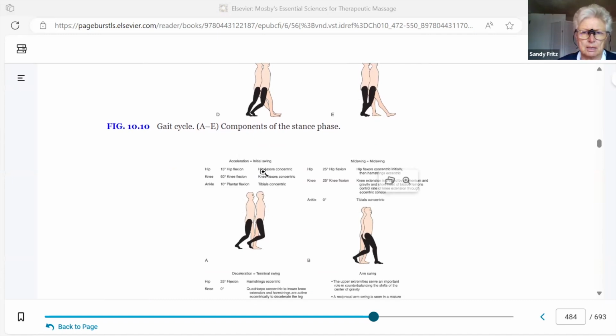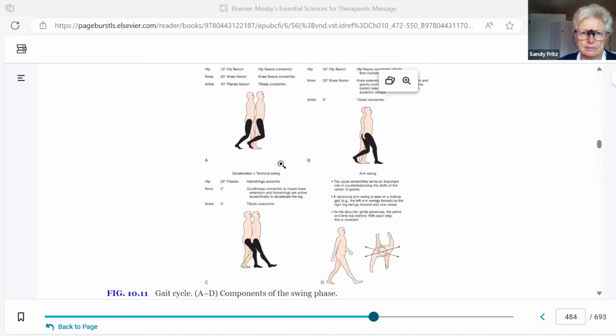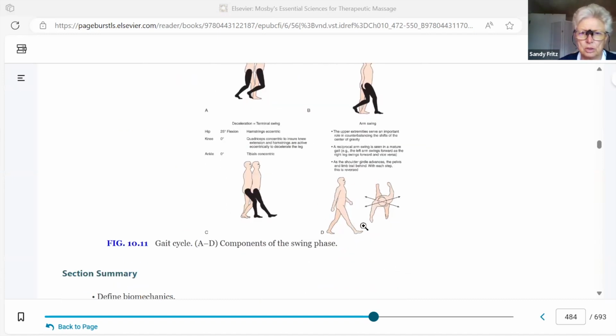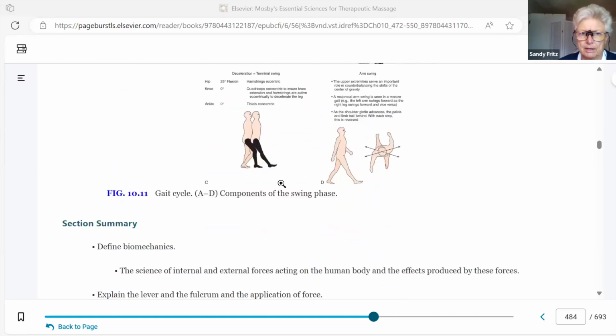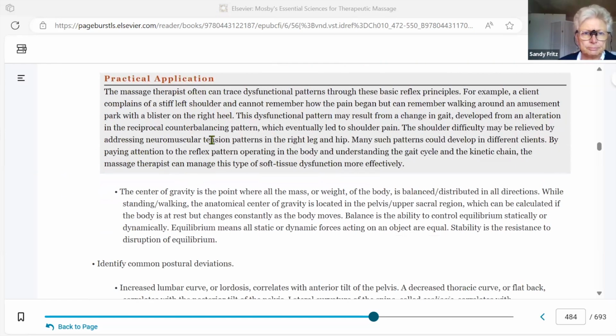And then here's components of the stance phase, and then this shows you the counterbalancing of the arm swing. So right or left leg is coordinated with the opposite arm. So stance, and then we've got our swing. That's where we actually motivate forward. And here's the summary.